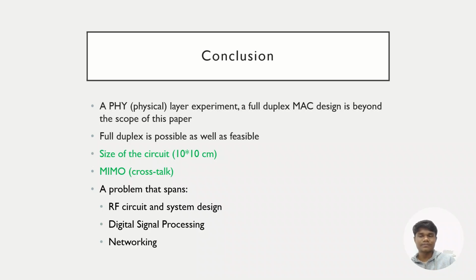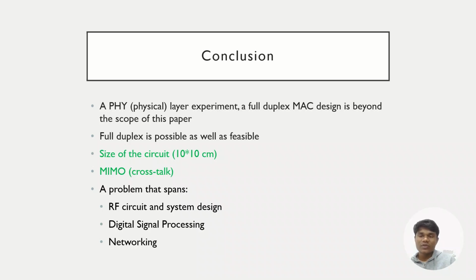They achieved it. What is the case here is the size of the circuit is 10 by 10 centimeters. So, in its current state, it cannot be used in devices such as mobile phones and other mobile appliances of that sort. And currently, it is being operated in the SISO mode, that is single input, single output.